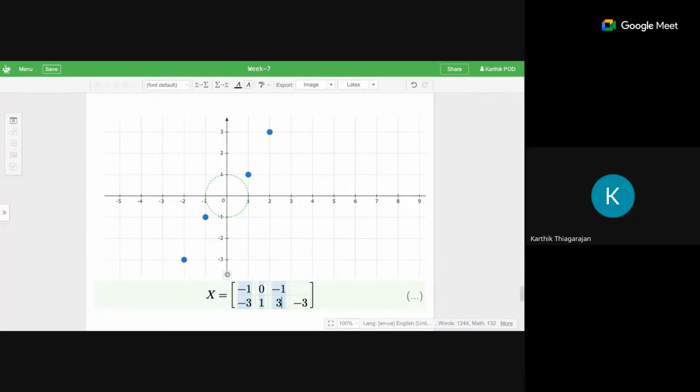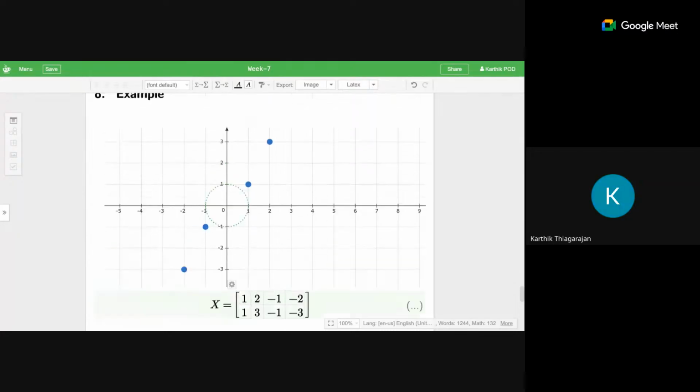Okay, so therefore the data matrix becomes a 2 cross 4 matrix, which is 1, 1, 2, 3, -1, -1, and -2, -3. Okay, so this is the data matrix.